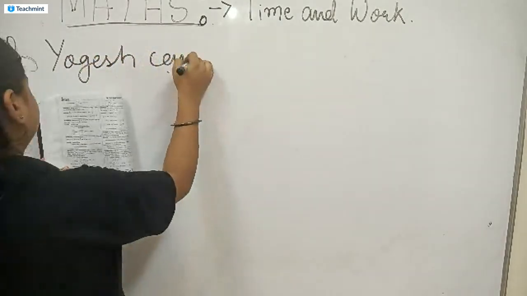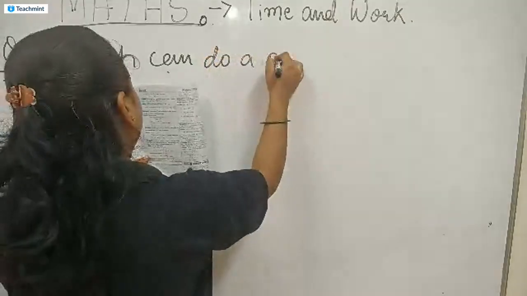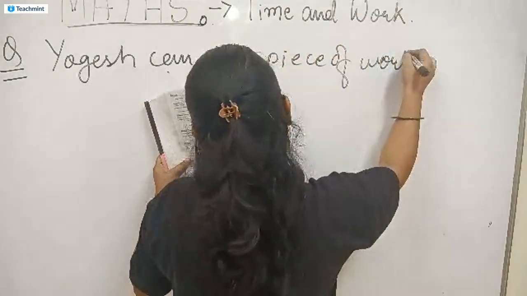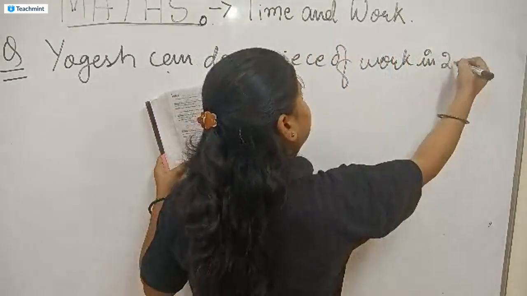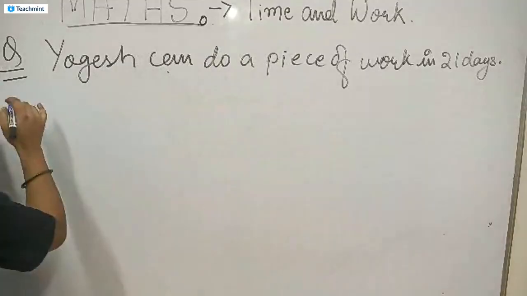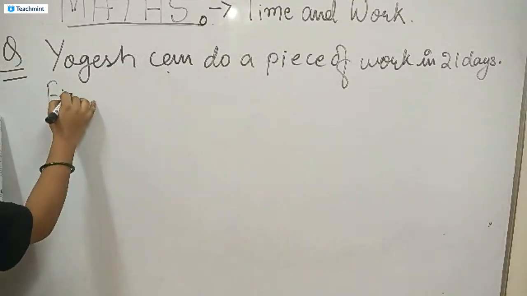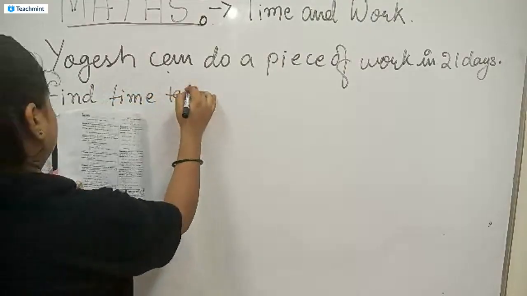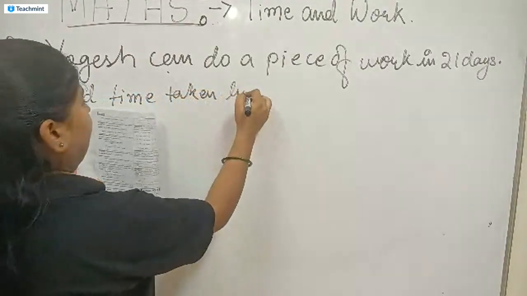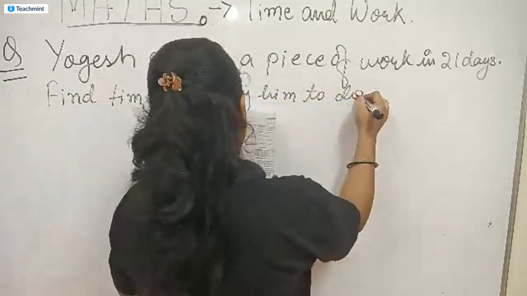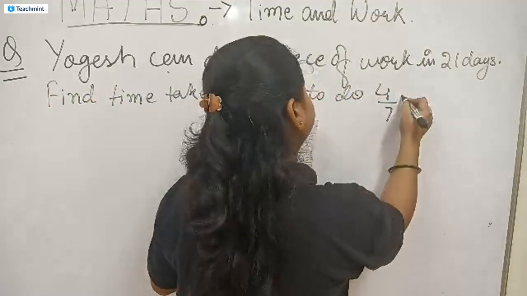Yogesh can do a piece of work in 21 days. Okay. Yogesh can complete a work in 21 days. Find the time taken by him to do 4 by 7 work.